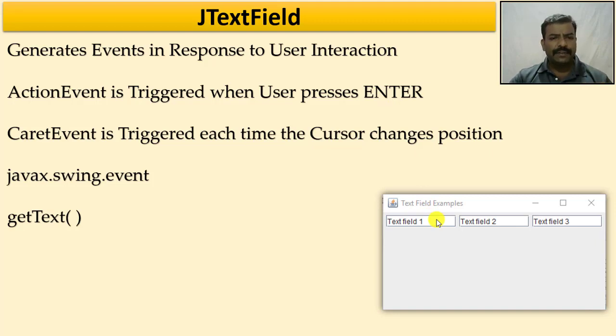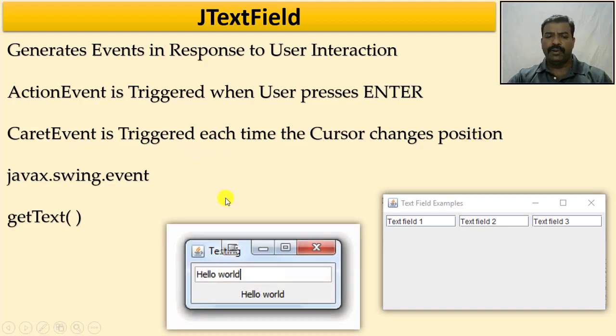In between, the intermediate responses are what we call the caret event. Each time I type a character, the cursor changes its position. For example, look at this. I'm just going to type a character, and the cursor keeps moving and changing its position. Whenever the cursor changes position, the caret event is triggered.